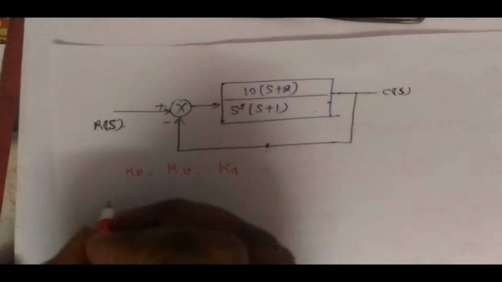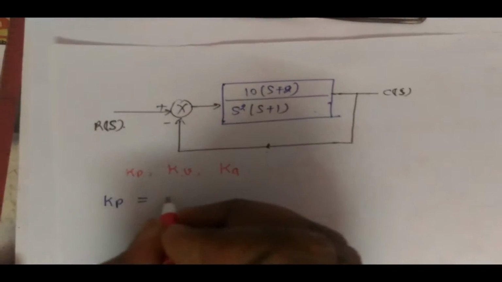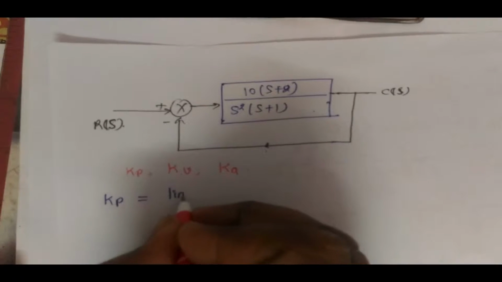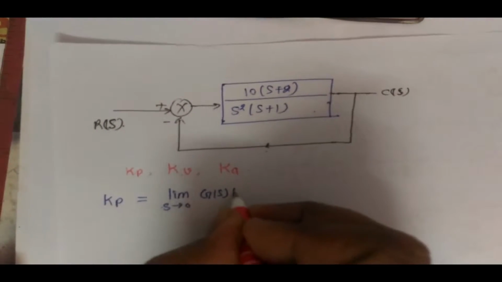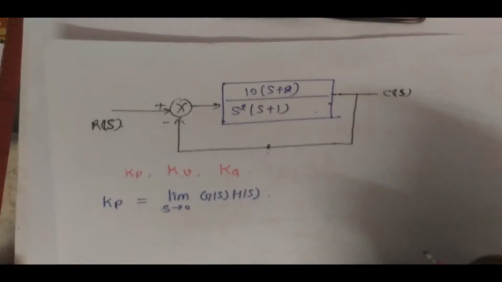We know that Kp is equal to limit s tends to 0, G(s)H(s). This is the value of Kp.